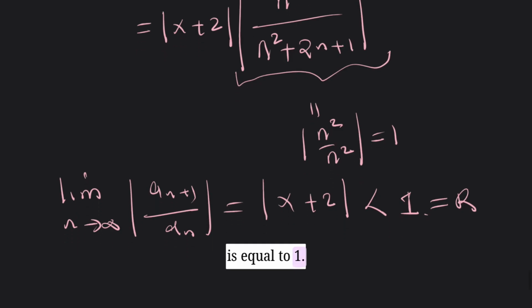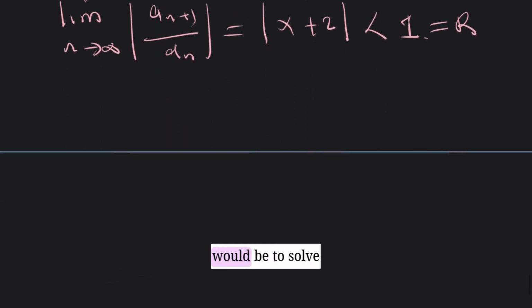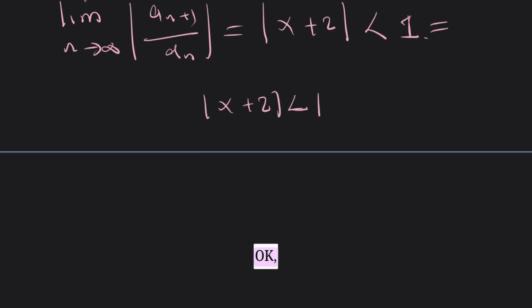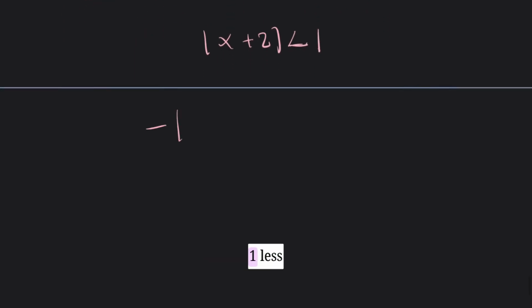R is equal to 1. Now the next thing will be to solve this inequality, which is the absolute value of x plus 2 less than 1. So this is just -1 less than x plus 2, then less than 1.